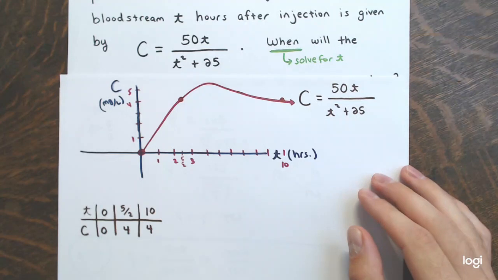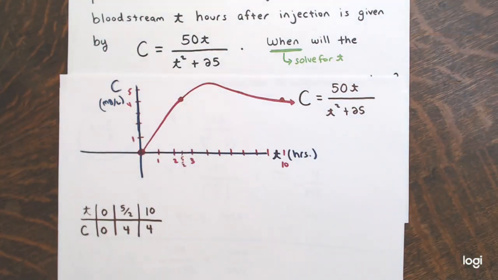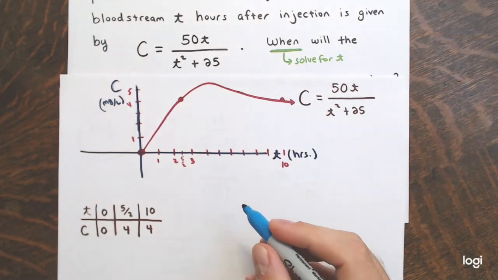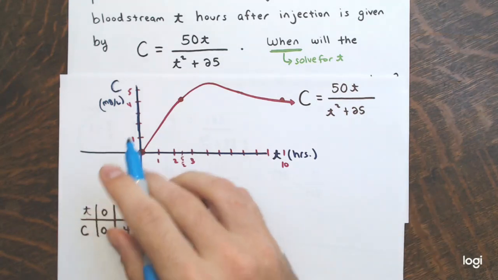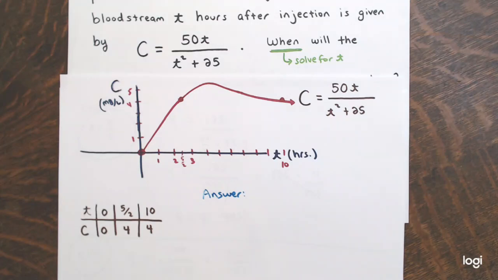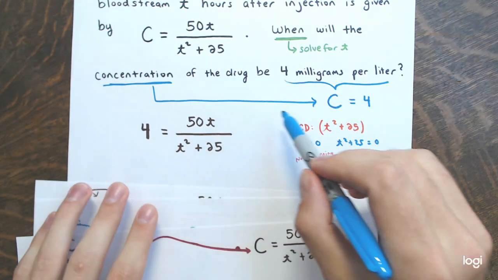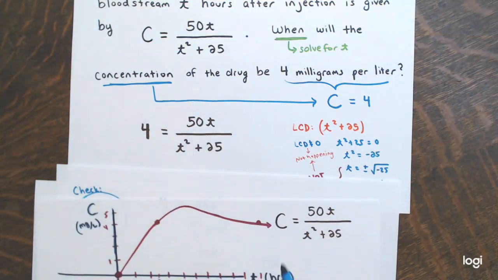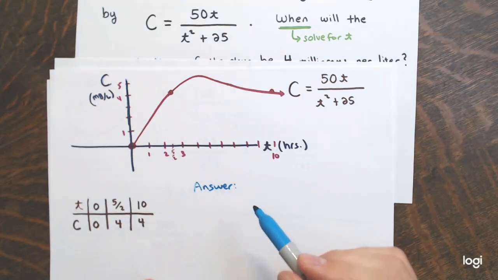So if this graph actually is the way a drug diffuses through a patient's bloodstream, then we have 2 legitimate answers. My answer then, looking at this graph, or just realizing that I had 2 good solutions to this equation, the equation we set up when the concentration was 4, is that we had 2 valid solutions, 2 positive times, 2.5 hours and 10 hours later.